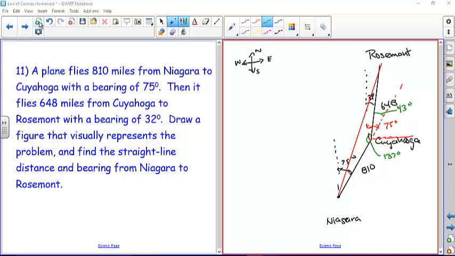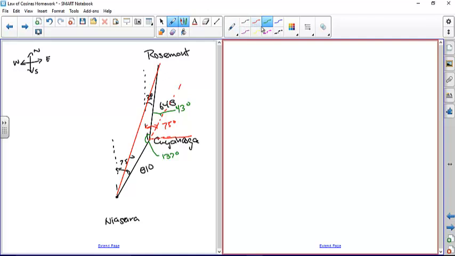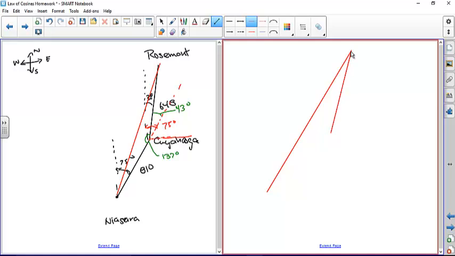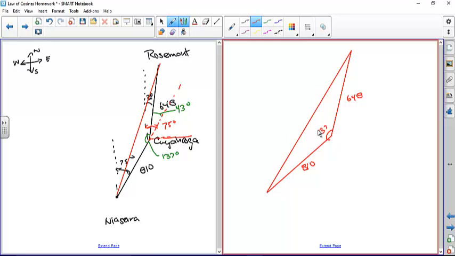So now that we've put all this together, we need to create a triangle where we only label what we need to know. So let's use red here. We have this part, this part, and this part. And what we said was this was 810, this is 648, this angle here is 137 degrees.